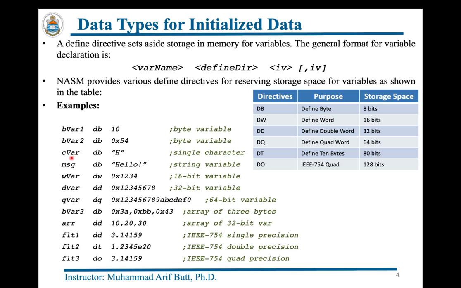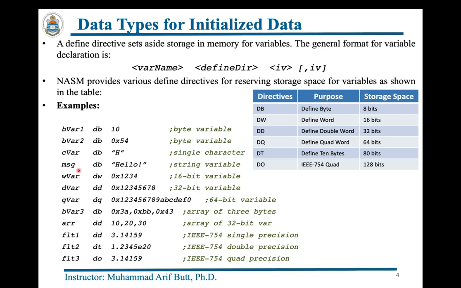This cvar is a byte variable initialized with the single character H, while this message is also a byte variable initialized with 6 characters, HELLO and this exclamation mark. Remember, each character is saved as a single byte, so the length of the string named message is 6.